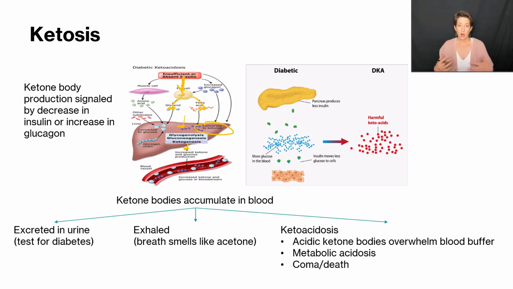That is the bicarbonate buffer that CO2 and water interacts with. And as we have investigated, buffers can crash. So if we overwhelm the blood buffer, which is a very narrow range that our body can reside in, we're going to go into metabolic acidosis. Metabolic acidosis can then lead to coma or death.